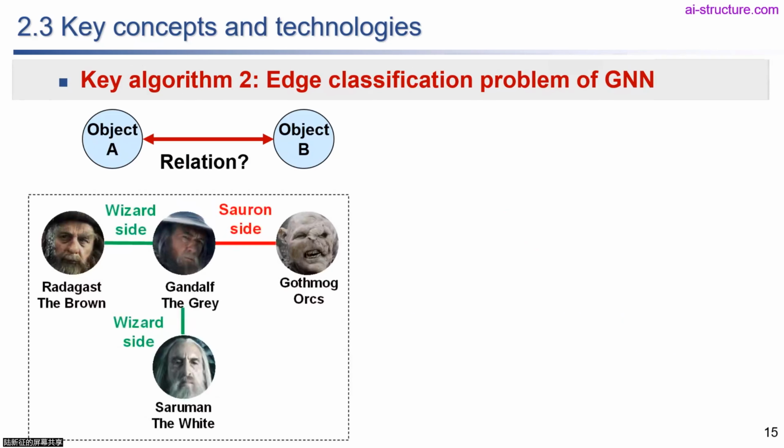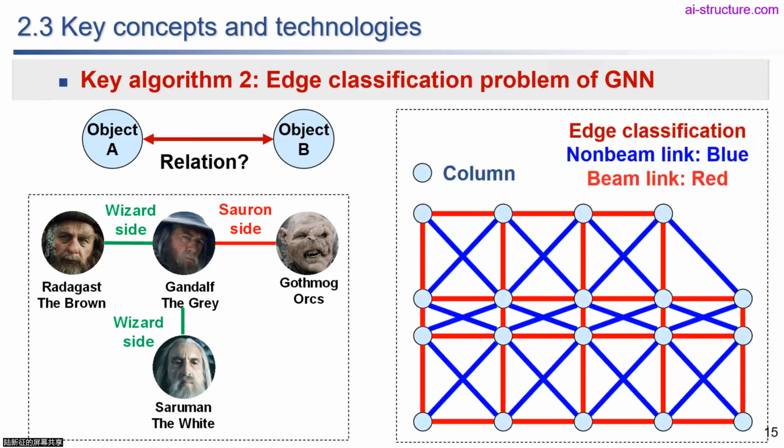We have all seen the movie The Lord of the Rings, so we can see all these people there, and we can identify that these three people belong to the wizard side, and this one belongs to the enemy side. That is the fundamental idea of the edge classification problem. This algorithm can be used for the layout of the frame beams. There are a lot of frame columns, and we can assign links between these columns.